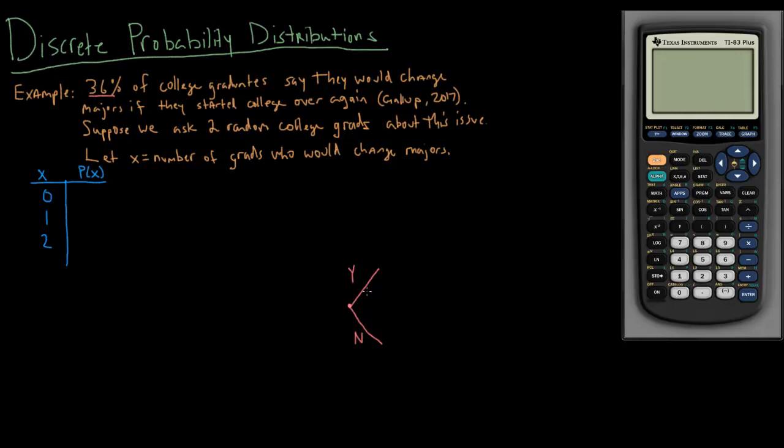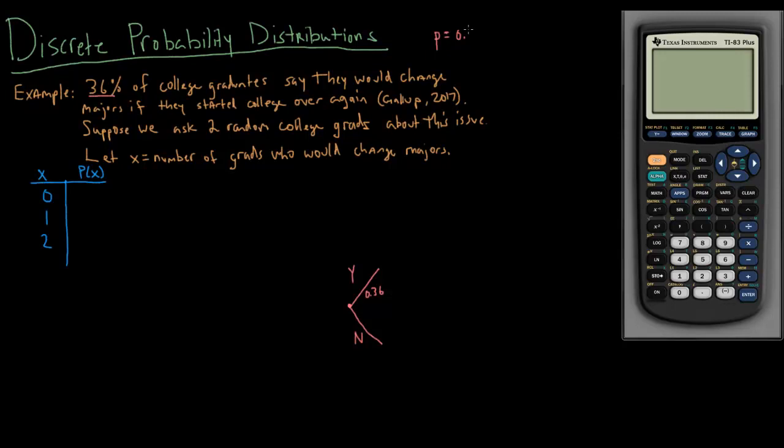So we'll say 0.36. Now, if 36% of college grads say they would change their major, what percent would say they wouldn't change their major? Well, in this chapter we call P the probability of success, in this case, people saying they would change their major.